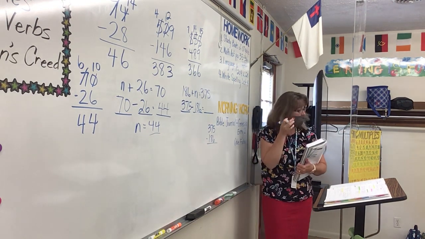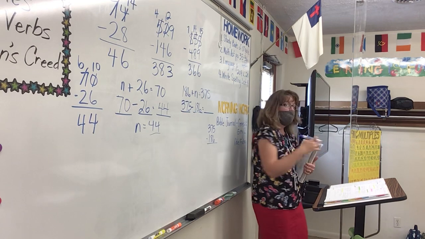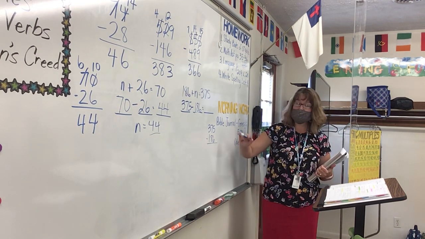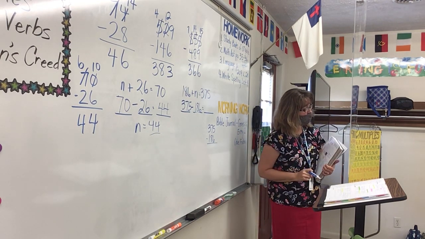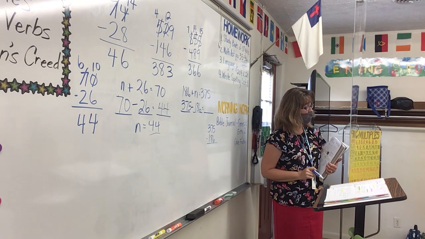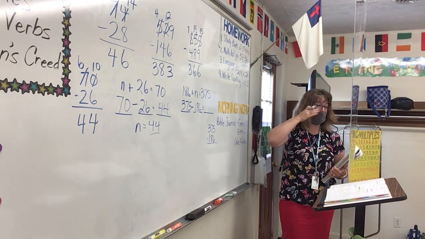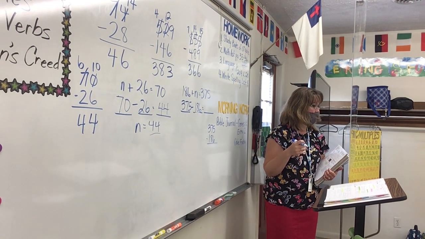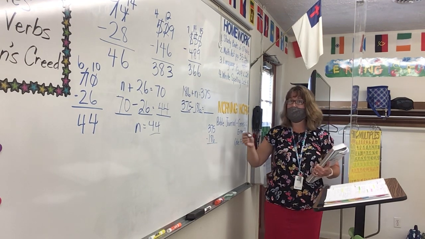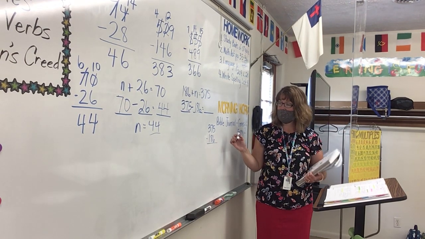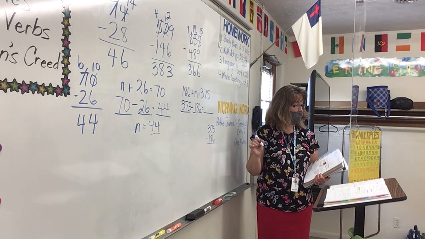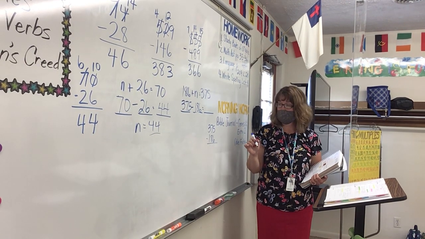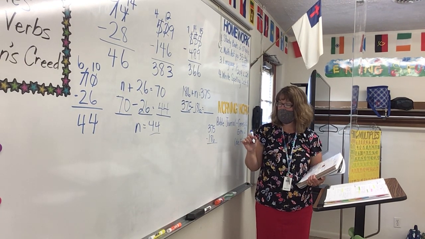Okay, and again, do you want to come up and show me how you did this? Or explain to me how you did this. So what you would do is, you don't have enough in the ones, and you don't have enough in the tens. Right.